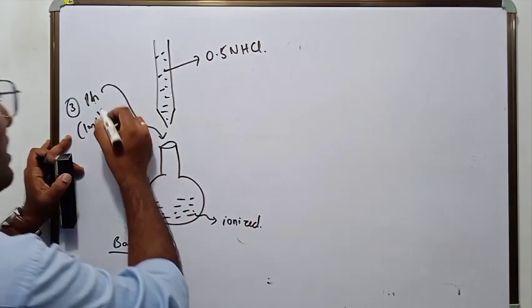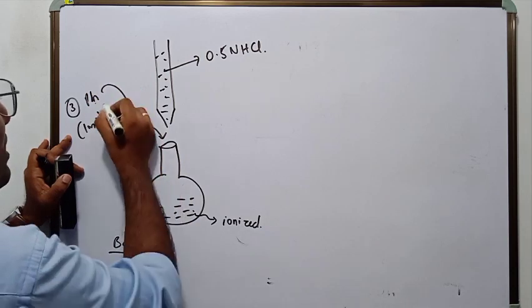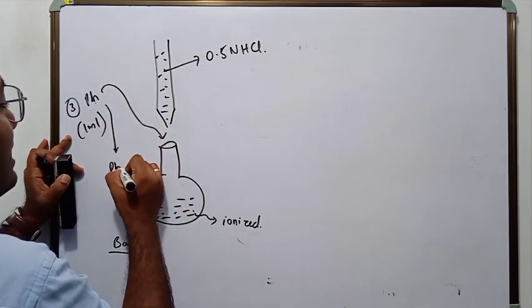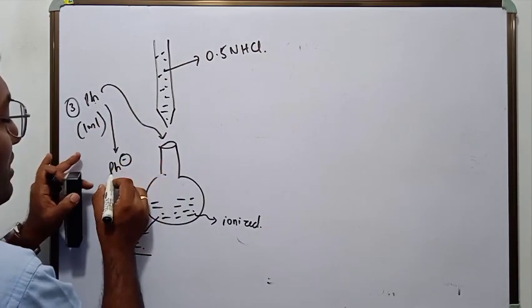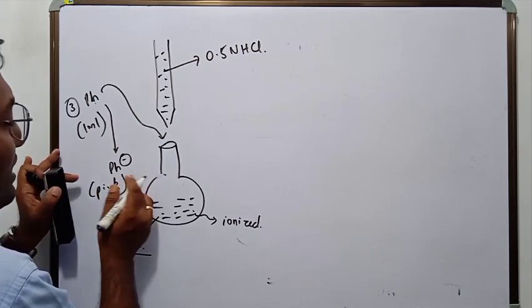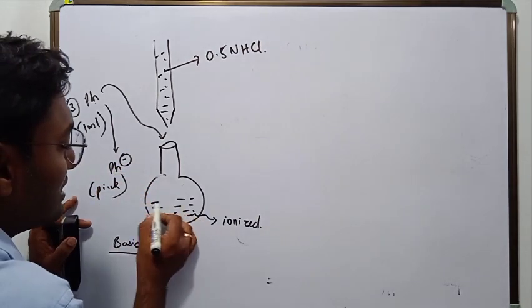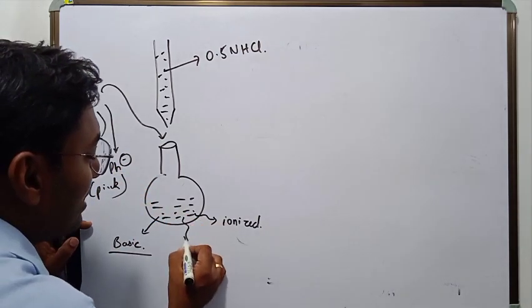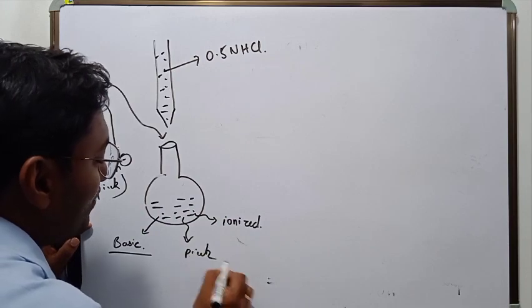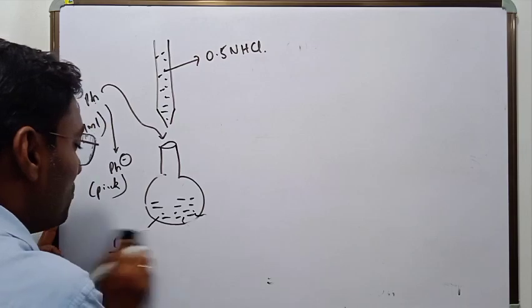It would lose H plus and exist in ionized form. In ionized form, phenolphthalein is pink in color. So the solution inside becomes pink when you add phenolphthalein. So that is what you do in the third step.